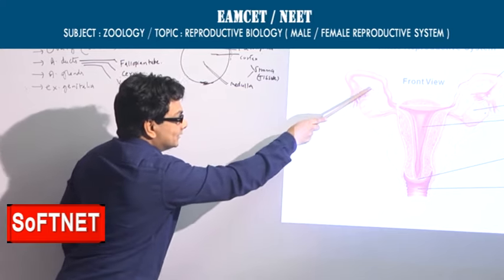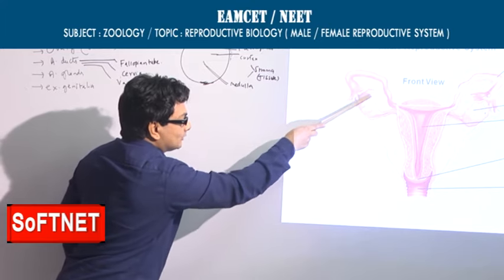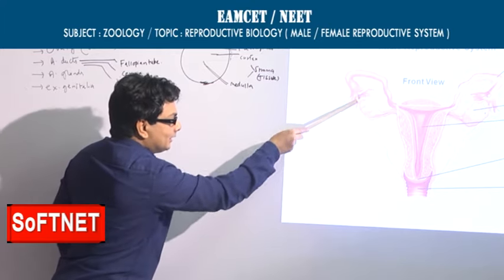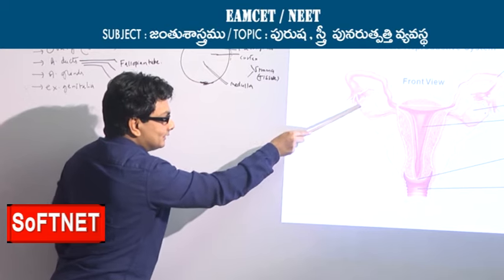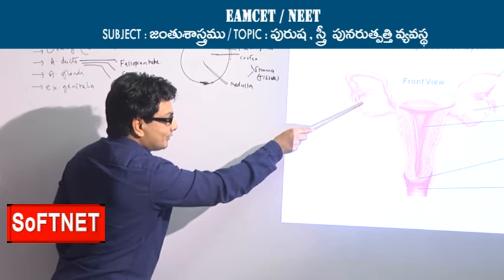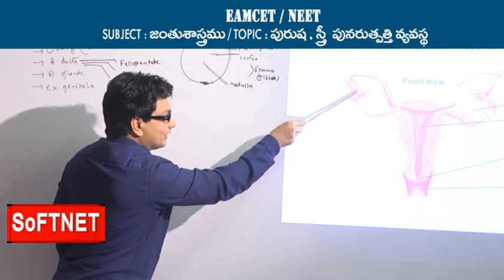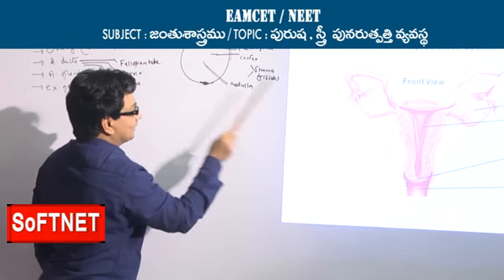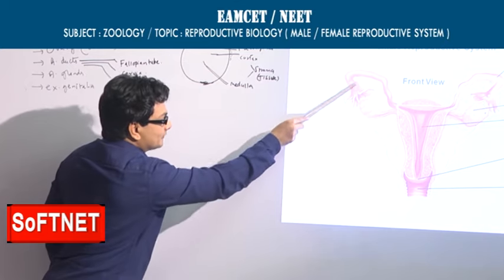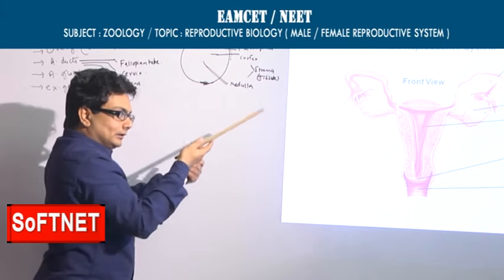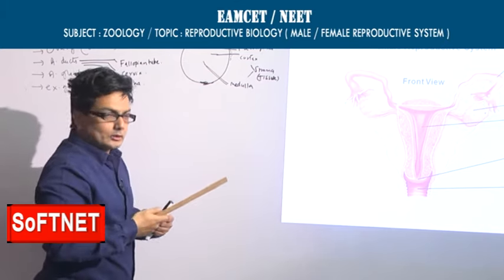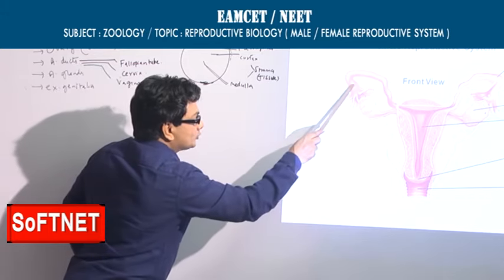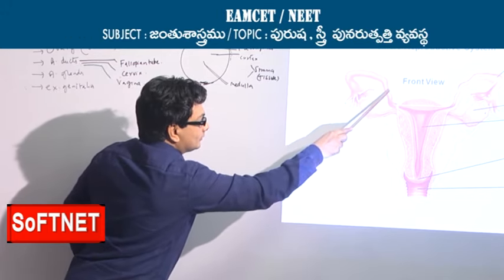The fimbriae will receive the secondary oocyte from the ovary into the fallopian tube. So the fallopian tube has the fimbriae helping in receiving the secondary oocyte. Now the fallopian tube is like this overall.